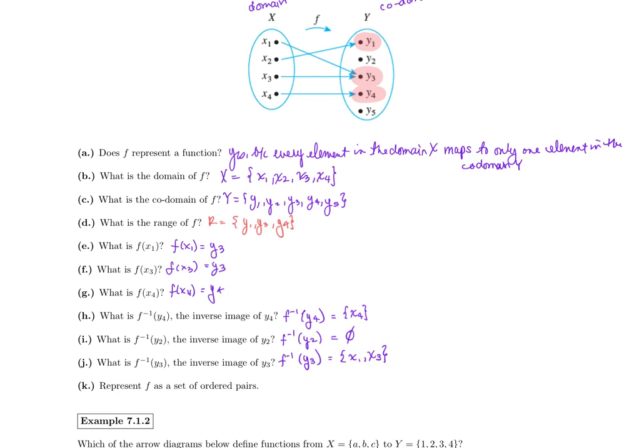The definition of what a function is and what it requires, those two requirements, are why we don't have to put parts E, F, and G into set notation. Because if this is a function, x1 will literally only map to one value. x3 will map to only one value. x4 will map to only one value. It will never be a set.